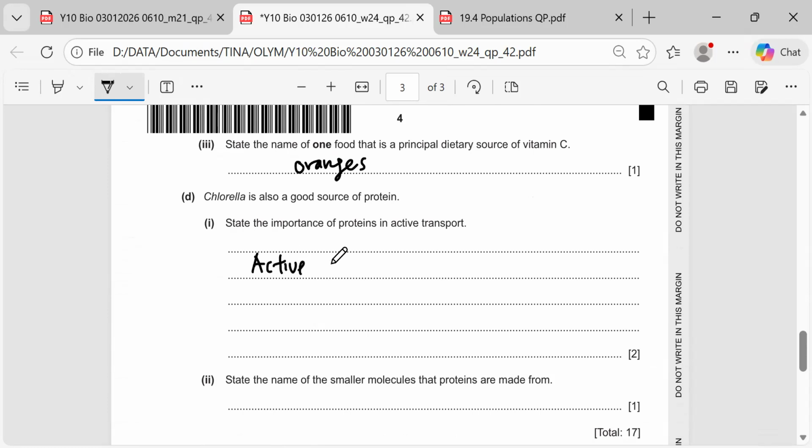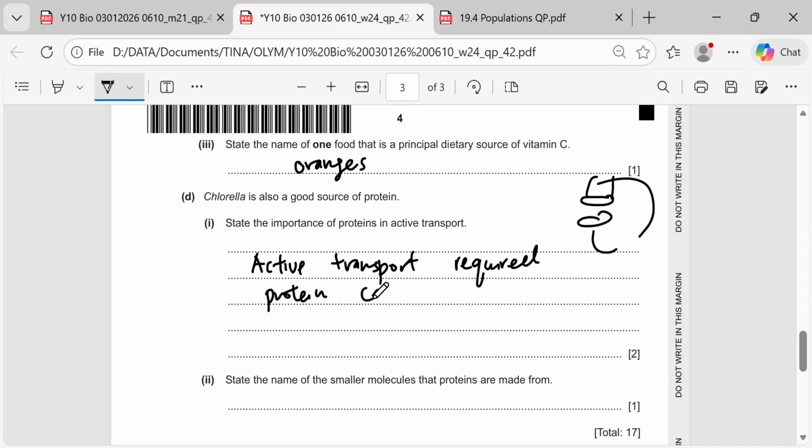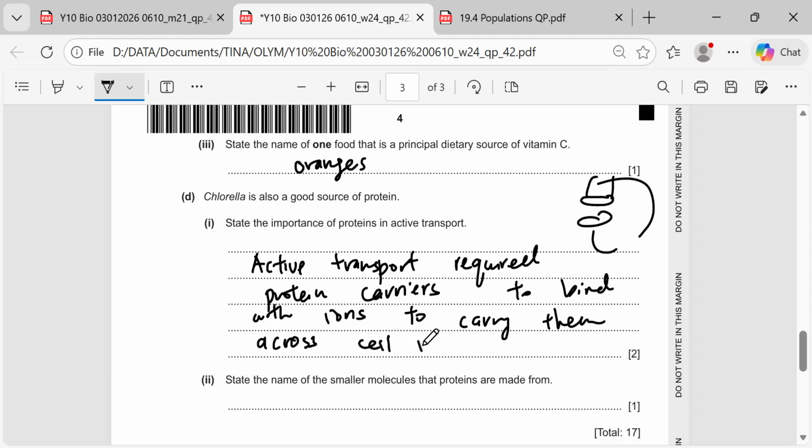Active transport requires protein carriers to bind with ions to carry them across the cell membrane.